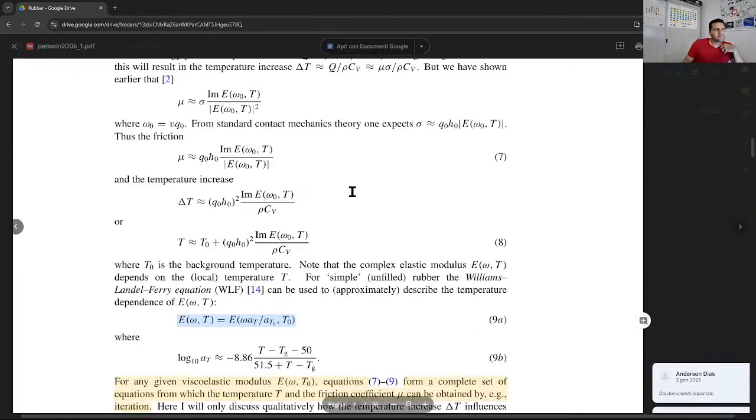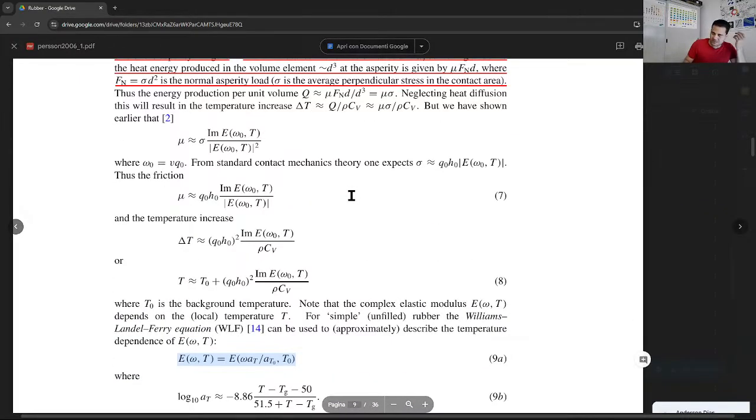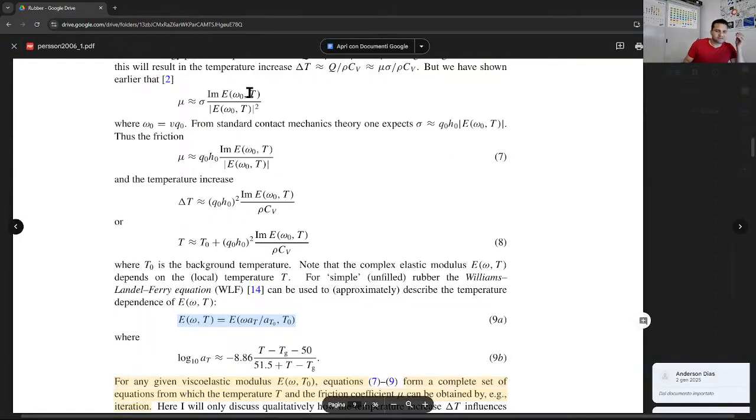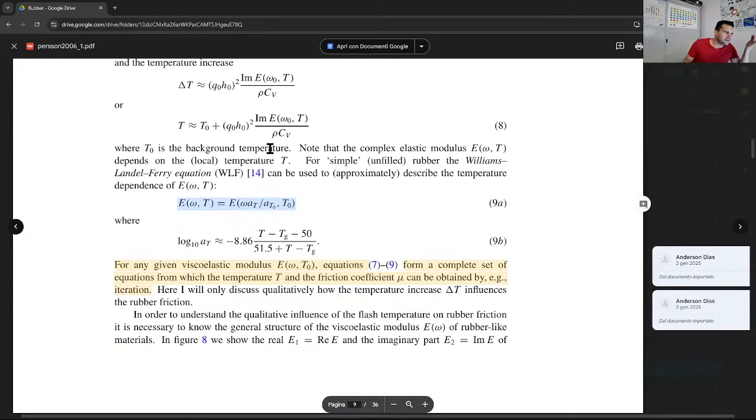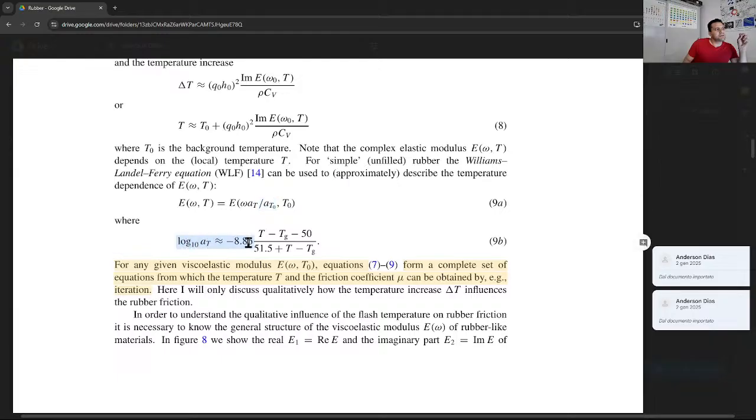Since the friction coefficient is defined by the frequency and also temperature, we can here put these two coefficients, aT, which is from the WLF equations, and then we can include the variation of the temperature considering also the environment temperature and the glass transition one.